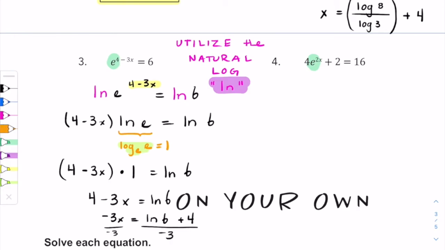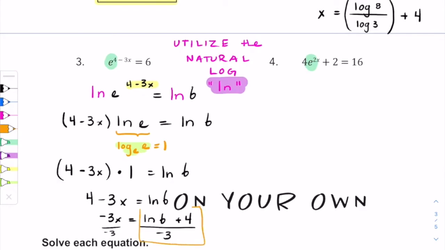I have to type this entire expression into my calculator. Make sure you do it in the correct order. ln of 6, which I'm probably going to put parentheses around, plus 4, and then divided by negative 3.